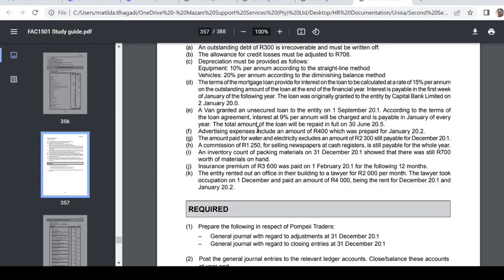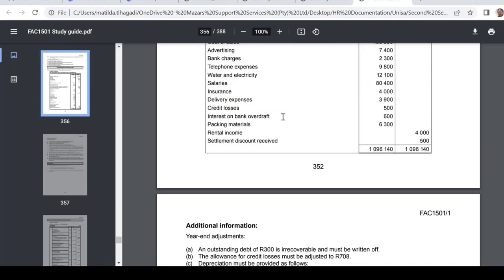The total amount of the loan will be repaid in full on the 30th of June.